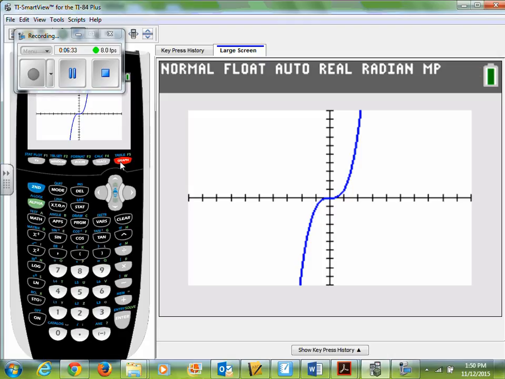Okay, so this is my graph y equals x cubed. I'm rotating it about the x-axis again. So I'm going to take this graph and spin it around the x-axis. What kind of shape am I going to get? A circle. Yes, anytime you spin a graph around the x-axis, you're going to get a circle.